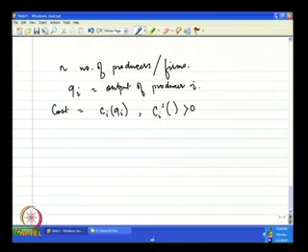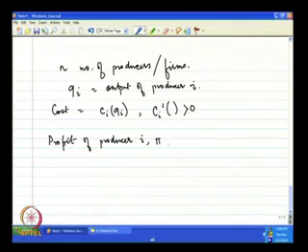Now let us look at the profit of this producer. Let us call it pi i. Now, what is profit after all?